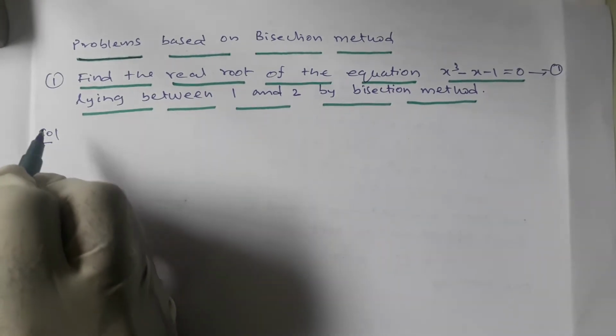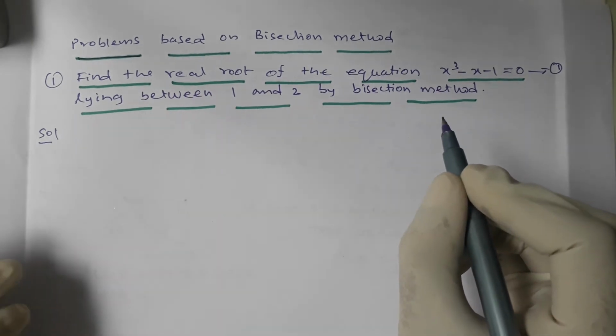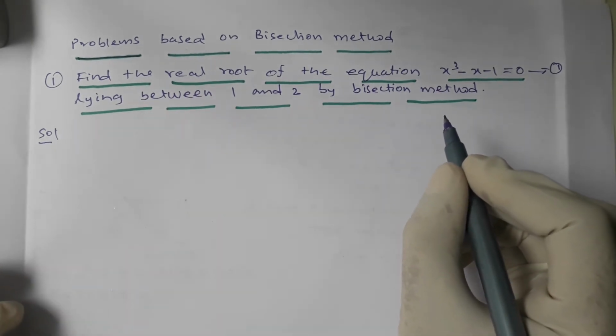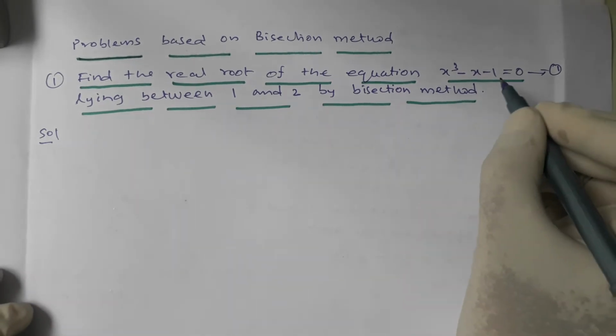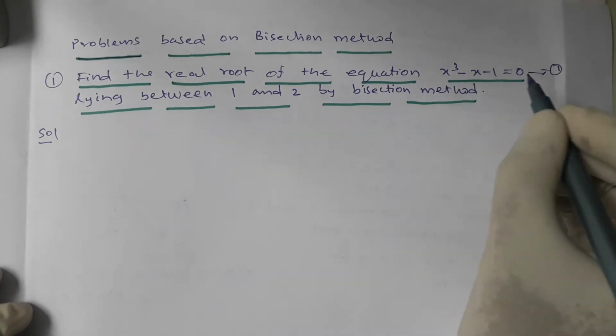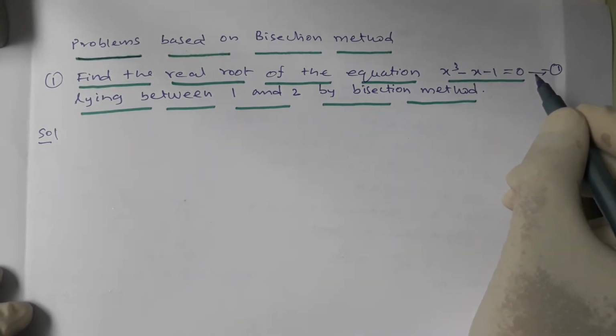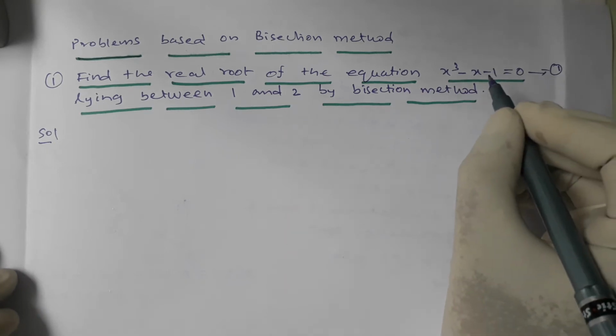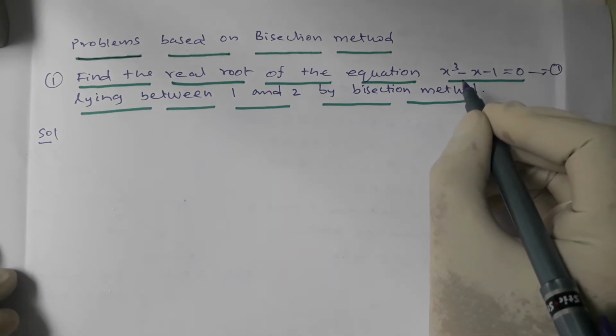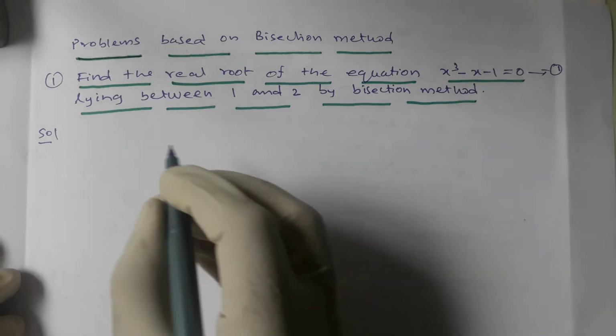The x value is an approximate value that satisfies this equation approximately, not exactly. Sometimes it satisfies exactly, or maybe only approximately.